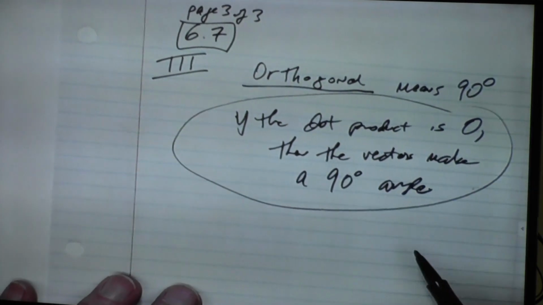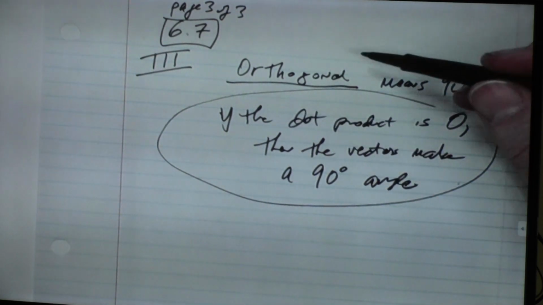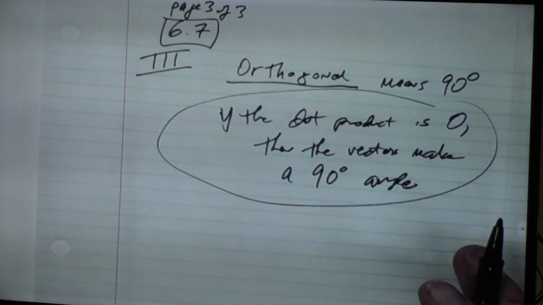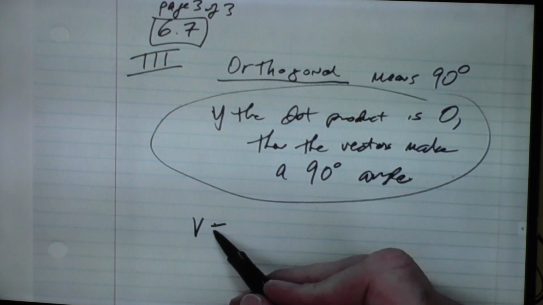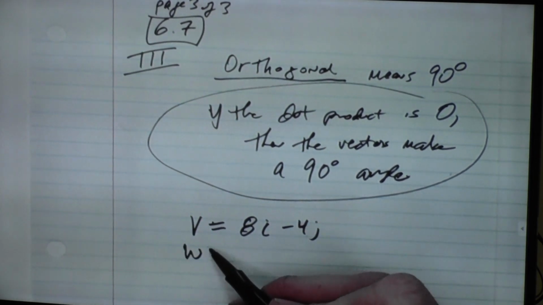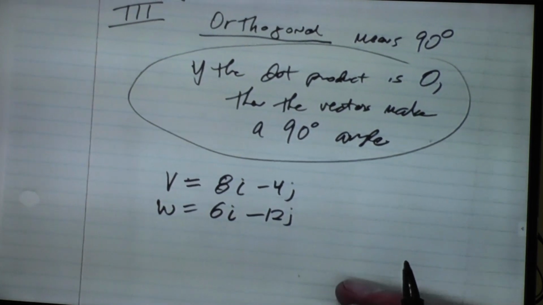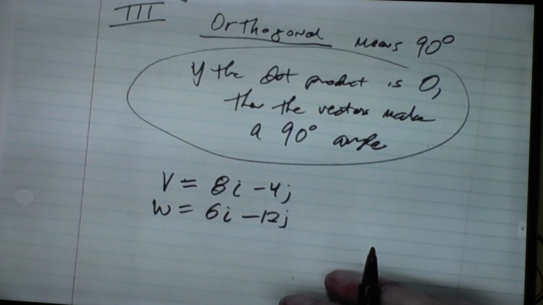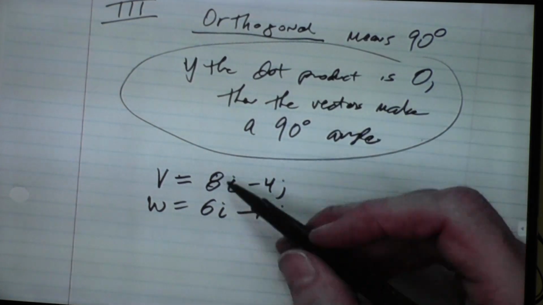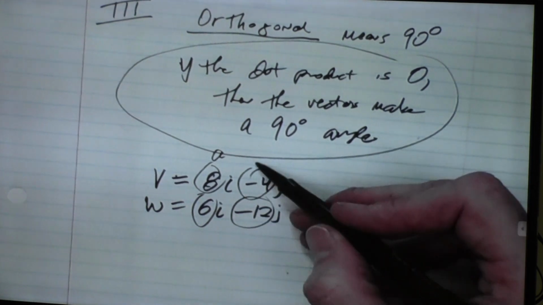So that's what you need to know, which means if you want to find out if two vectors make an orthogonal angle, you need to multiply them and see if you get 0. So let's do that with these two. V equals 8i minus 4j. W equals 6i minus 12j. If we're going to multiply them, remember that we need the two a's and we need the two b's, which are both negative.